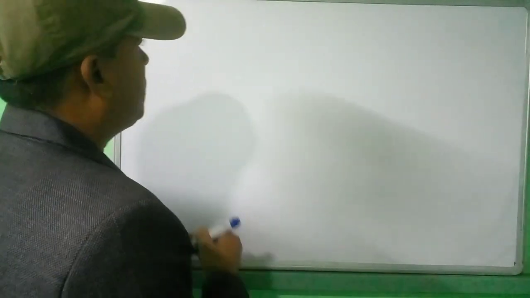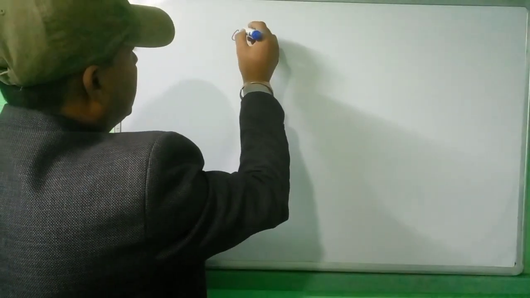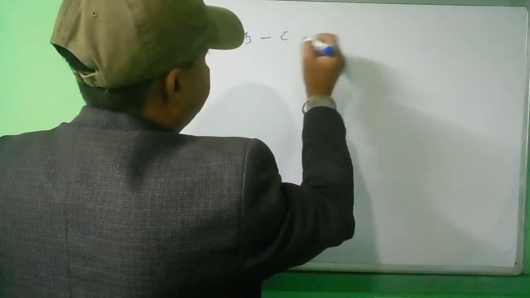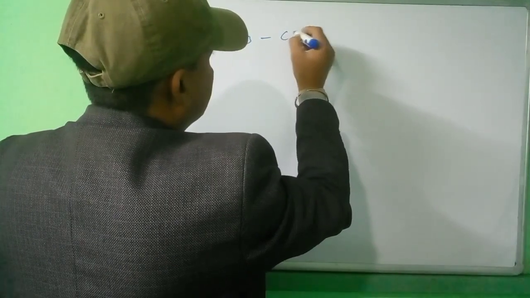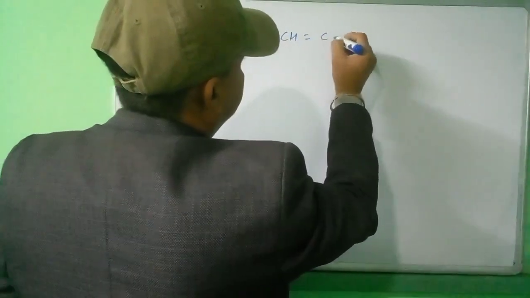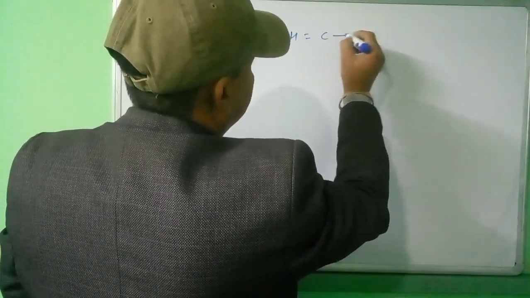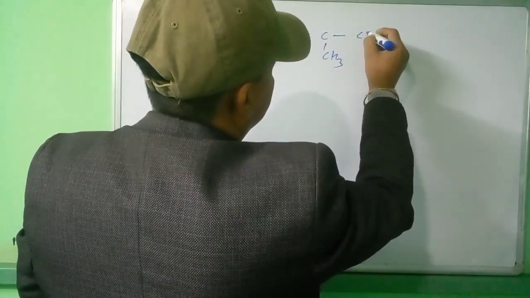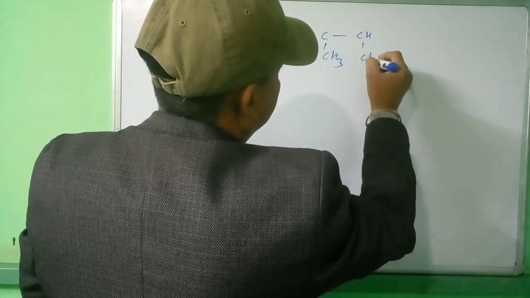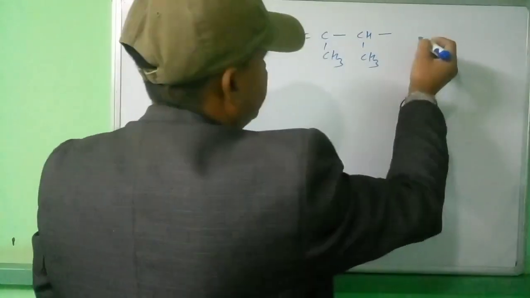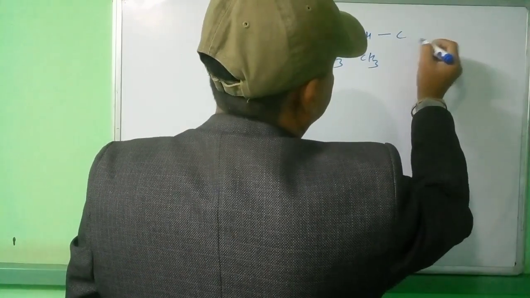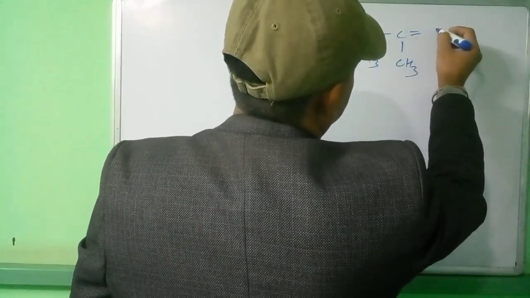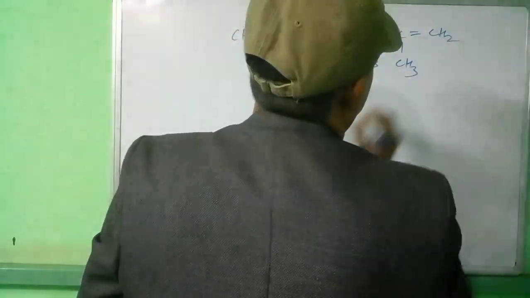Now if your compound is like this, CH3, C, CH double bond C, CH3, C, CH3 double bond CH2.